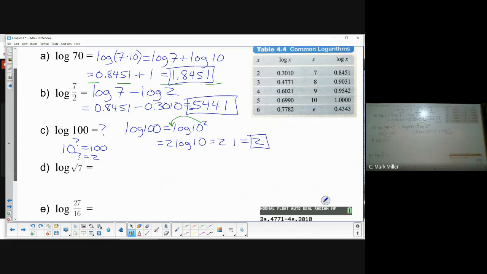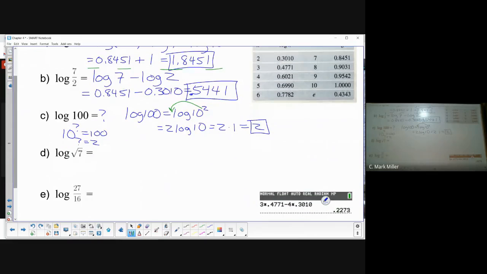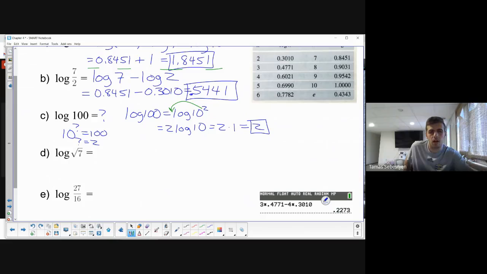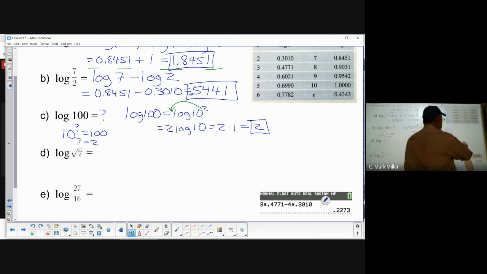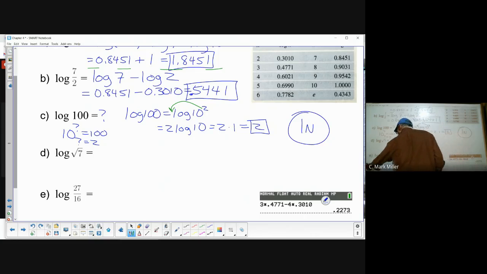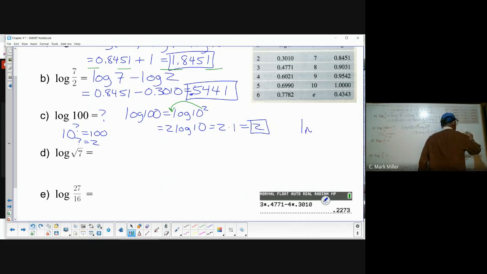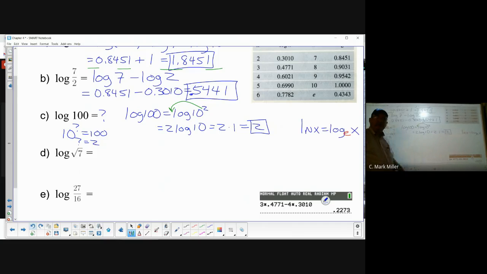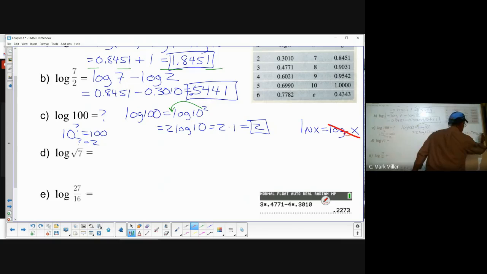Mr. Miller? Yeah. So you're saying that the log without base is a log of 10, but do you know that if I say only LG, it's the same thing? Or you guys, LN. Oh. Like LN of x is log base e of x. So LN, that is called natural log, is log base e, except that we never write it that way.